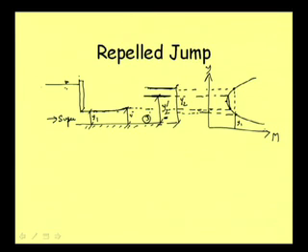So it is moving upward, and once it reaches this level, we can write that as the new initial depth, say y1 dash. Suppose this is our tailwater depth, and this depth we can refer to as the new initial depth y1 dash. So it is rising to y1 dash.